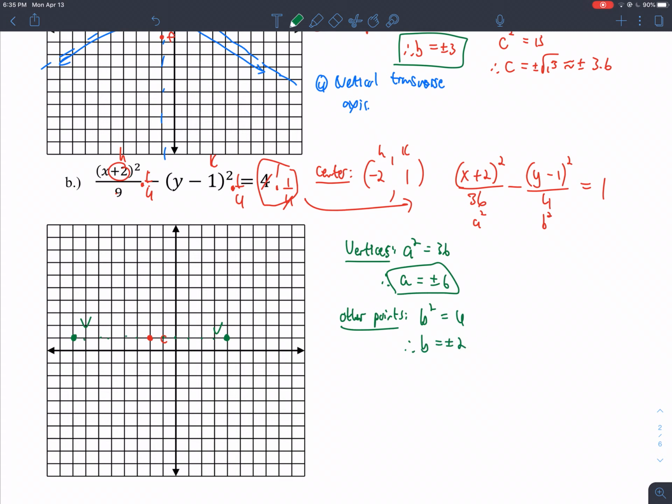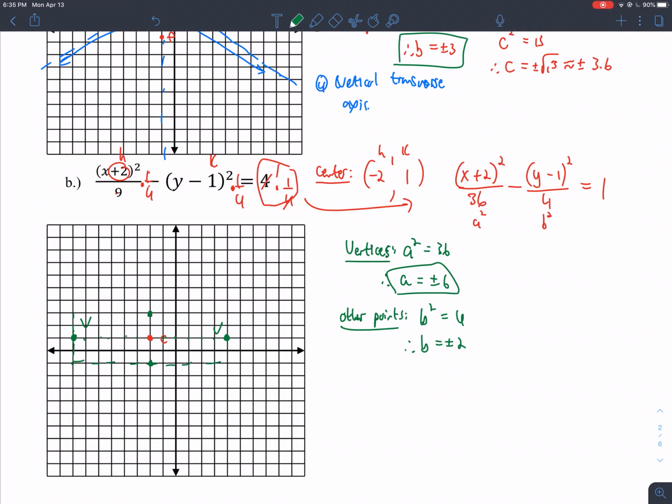Now I'm going in the perpendicular direction from the transverse axis, so I go up 2 and down 2. They're not co-vertices, they're just other points that allow me to make the box for my asymptotes.